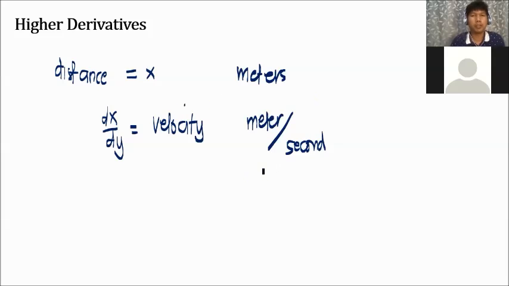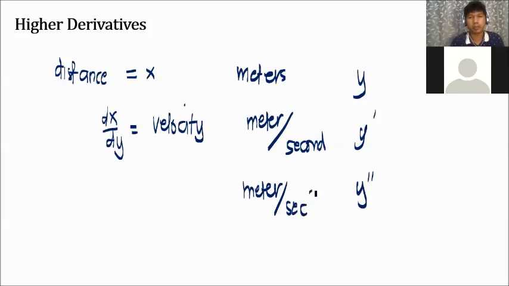This is y prime, and when we get another derivative, which is y double prime, it becomes meters per second squared, and it becomes acceleration.